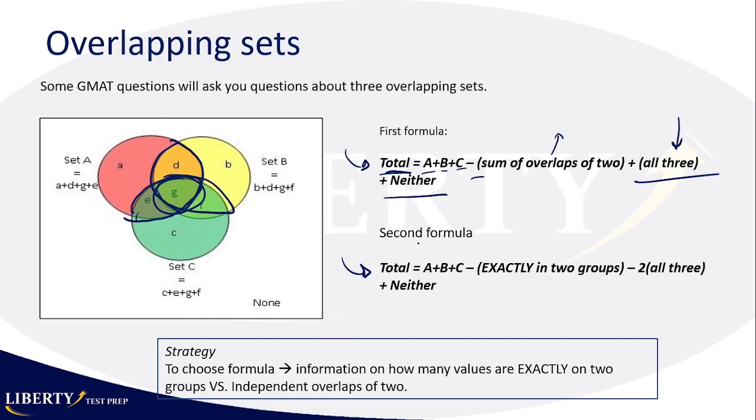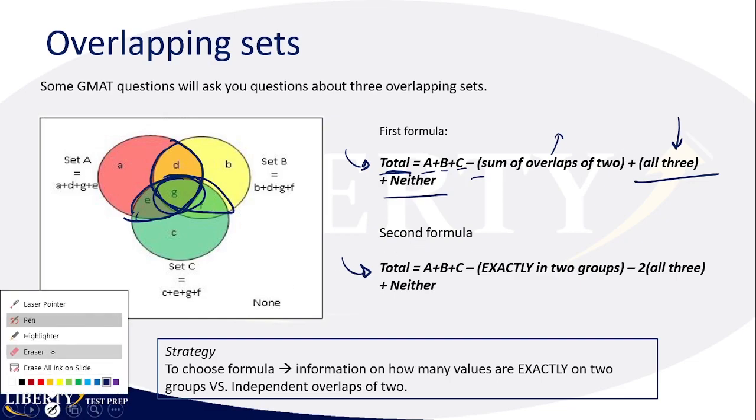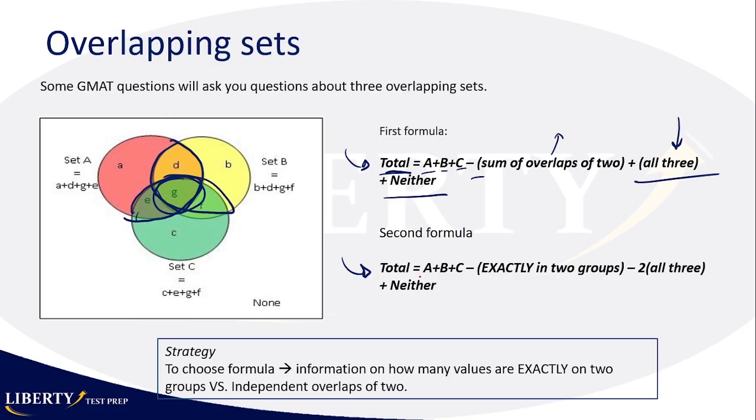Then you have a second formula. It says total is equal to A plus B plus C, the same thing, but minus exactly in 2 groups. So when they say exactly in 2 groups, they are not going to give you DG, EG, and GF. They're going to give you D only, then E, and then F. Those are the ones that are exactly overlaps of 2 sets, but not overlaps of 3.